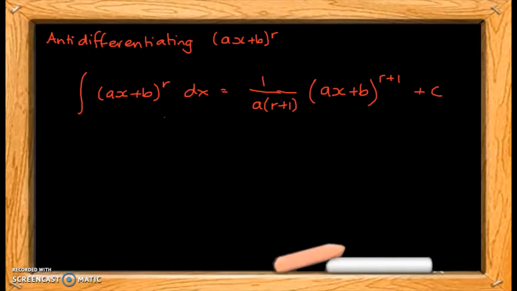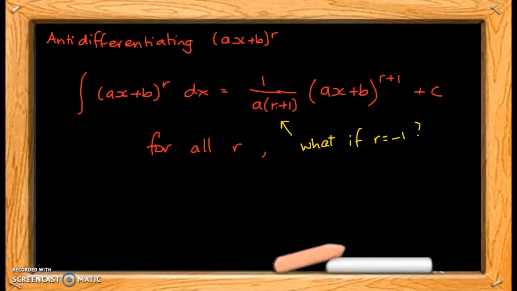So this is how we're going to manage anti-differentiating. And this is going to work with every single power that there is. So for all r, except if you have a look at this term here, what if r is -1?